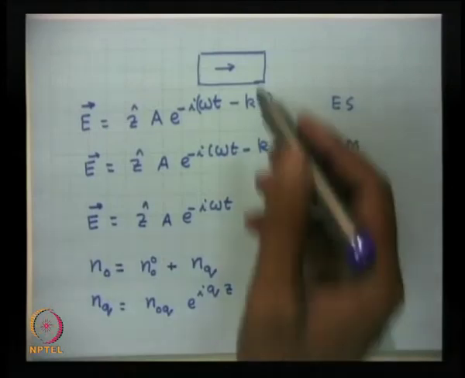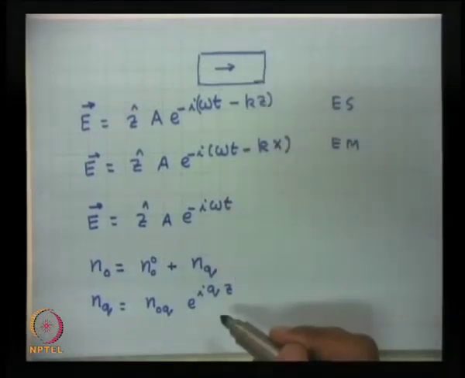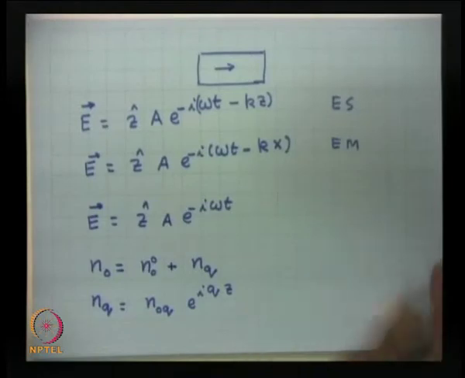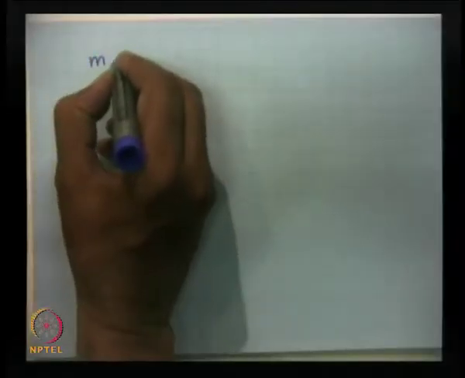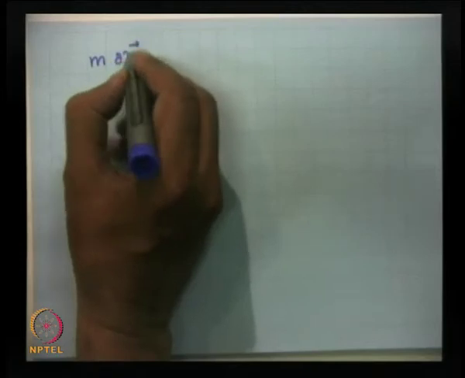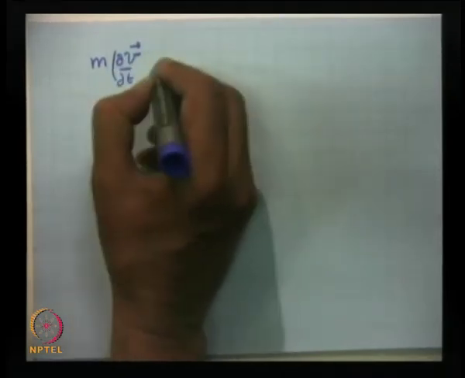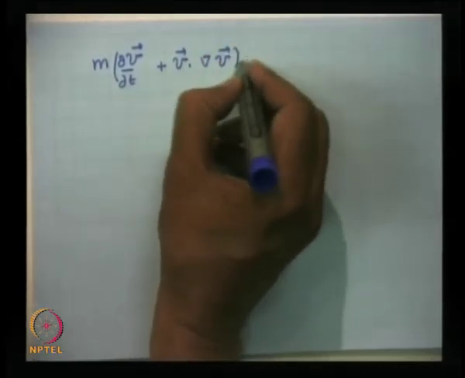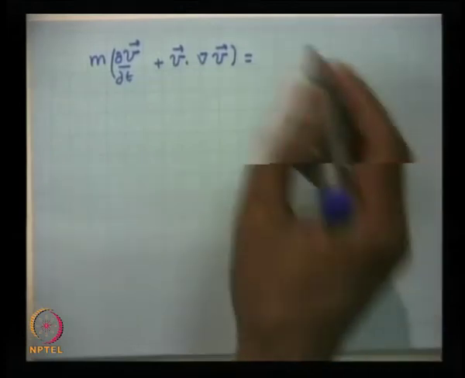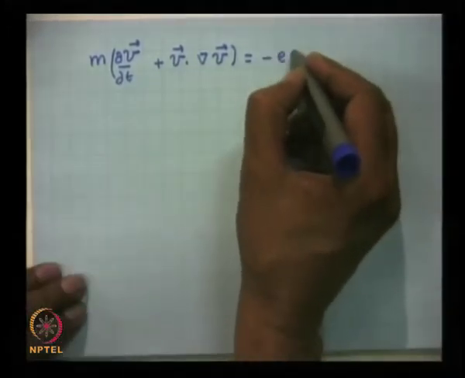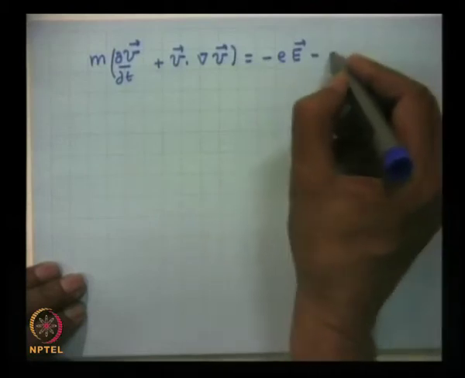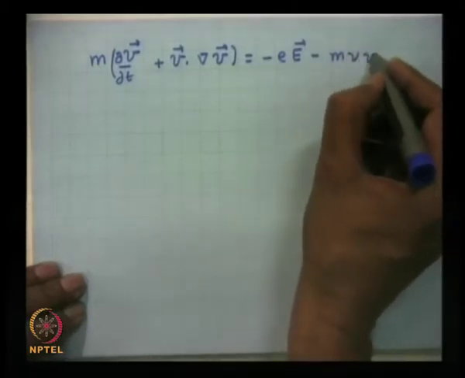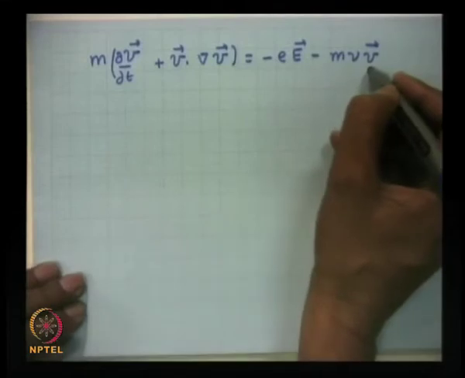then the plasma will respond by creating a current in the system, and normally we solve the fluid equation which says that m delta V by delta T plus V dot del V is equal to minus E, minus m nu V. This is the collisional momentum loss per second.